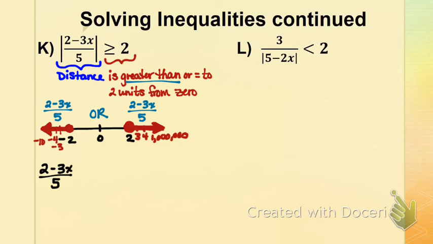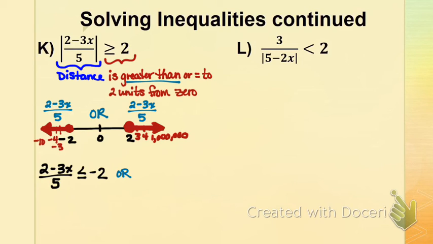All right, so I have 2 minus 3x over 5. How do I explain that it's over here to the left of negative 2? What inequality would point me to the left? Less than or equal to. So it's less than or equal to negative 2.